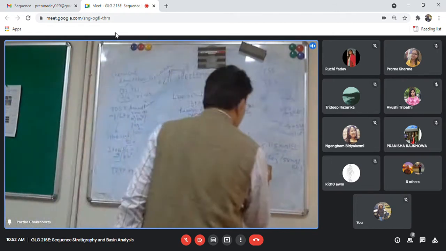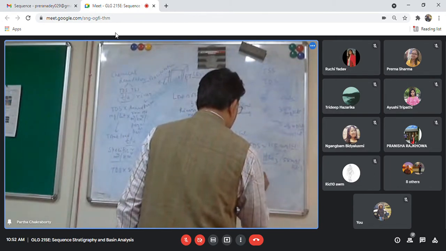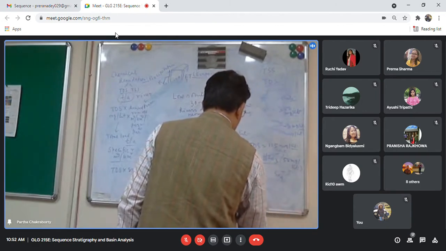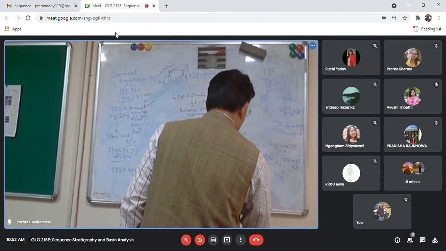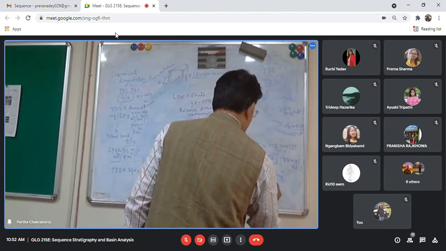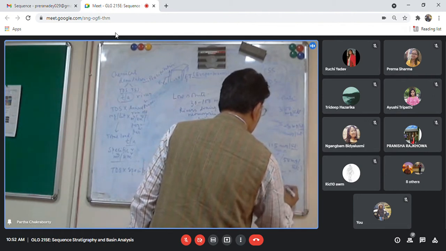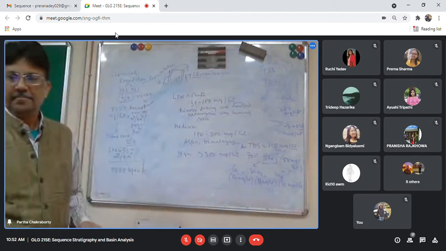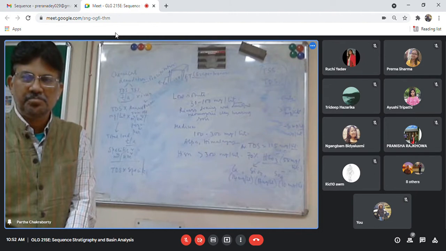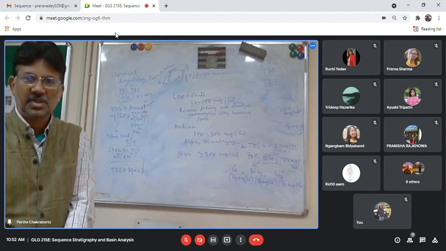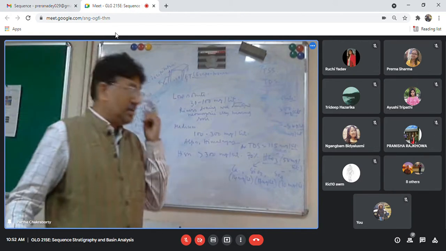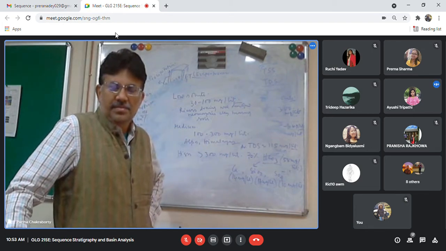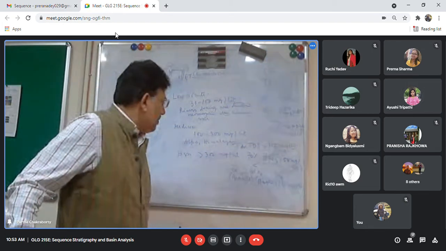Besides this, you get calcium, SiO2 and SO4 minus. Calcium 14 mg per liter, SiO2 11 mg per liter and SO4 10 mg per liter. So calcium content is how much? 14 mg per liter.